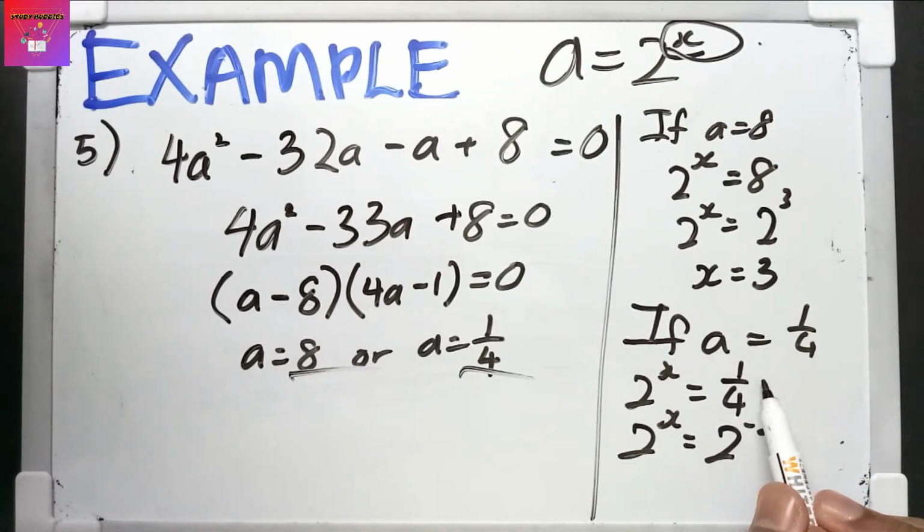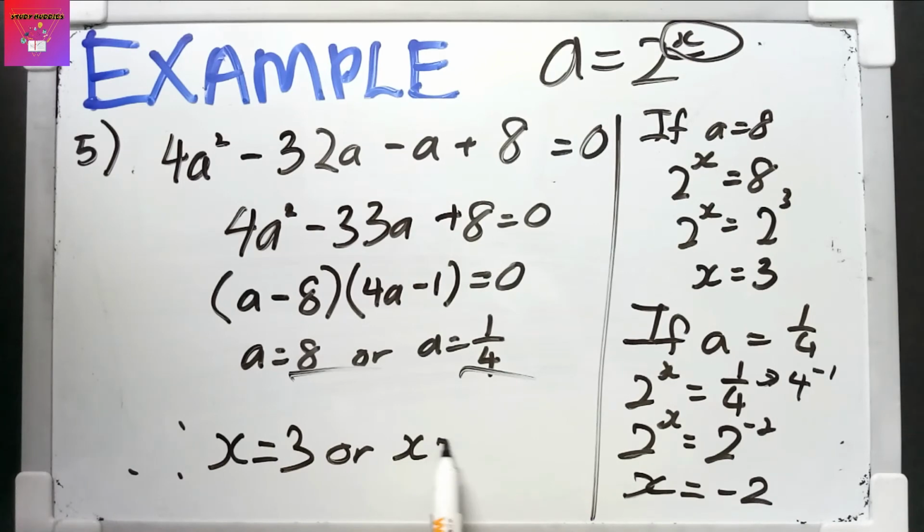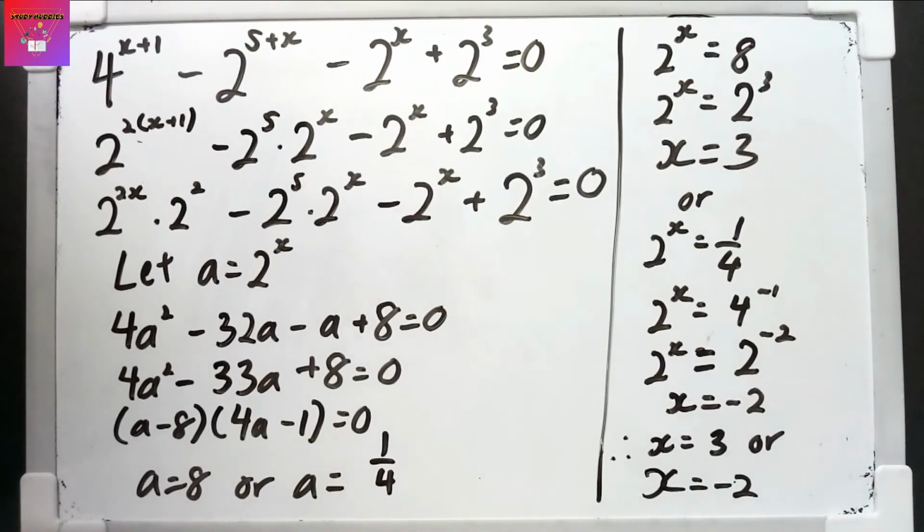Actually if you bring it up, it's going to be 4 to the power of negative 1, 4 is 2 squared, so 2 to the power of negative 2, and x would be negative 2. Therefore the answer for this whole question is x equals 3 or x equals negative 2. This would be the total solution for this whole question.